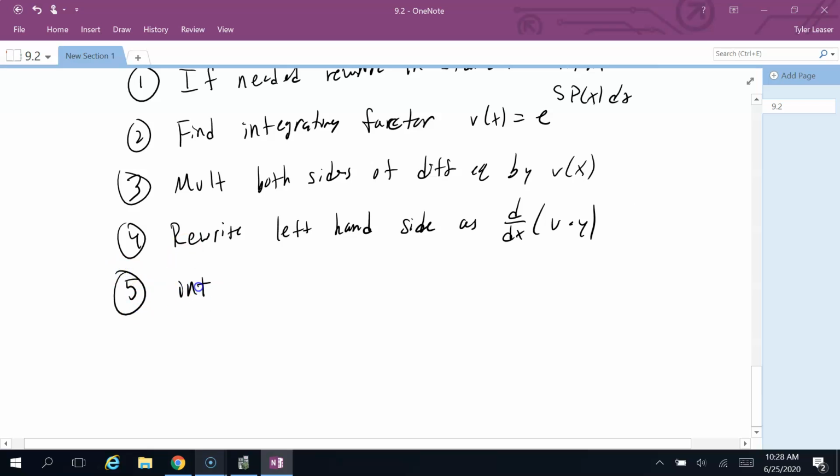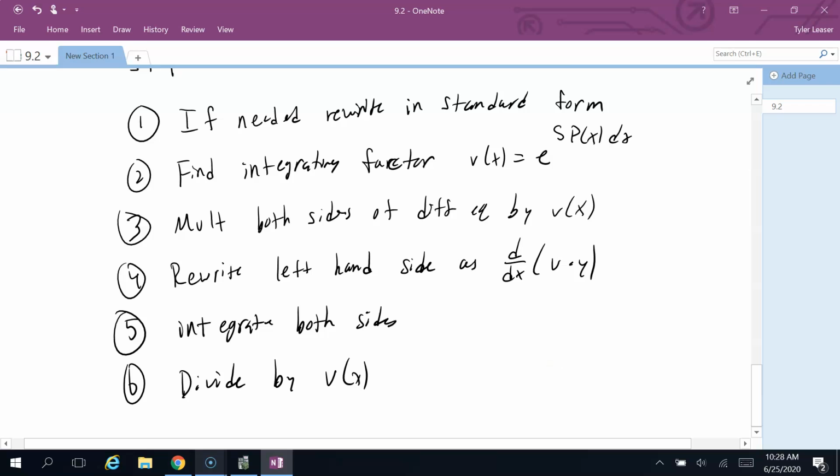Almost there. Integrate both sides. And then finally, divide by v. Alright, so it seems like a lot of steps, but I promise you it's not too bad once we get into some examples. So I'm going to end this video, and then in part 2, we'll actually do a couple of examples.